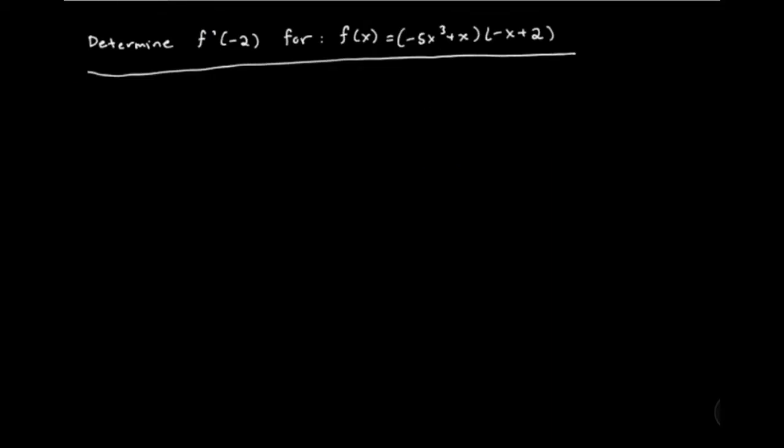Alright, let's do an example of where we would use the product rule. I want to determine f prime of negative 2 for f of x equal to negative 5x cubed plus x, times negative x plus 2. Once again, because it looks like a product of two different functions, f prime of x, using the product rule, is equal to the derivative of the left factor, negative 5x cubed plus x, times the right factor, plus the derivative of the right factor.